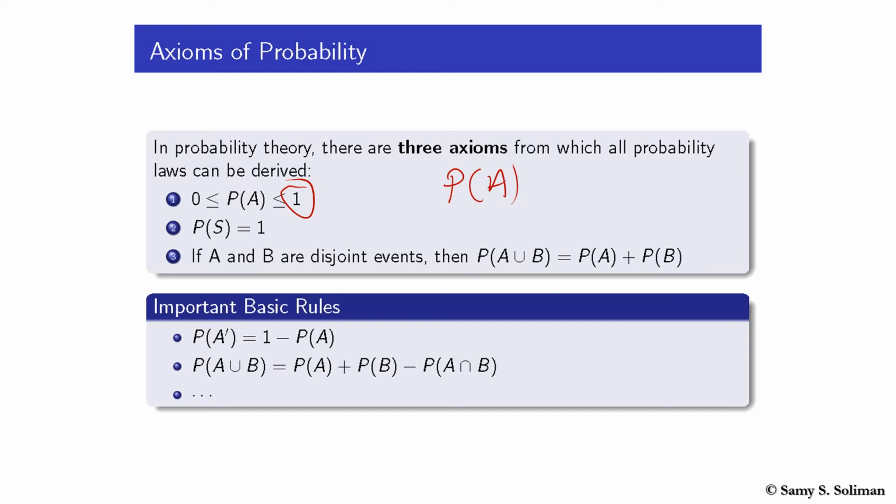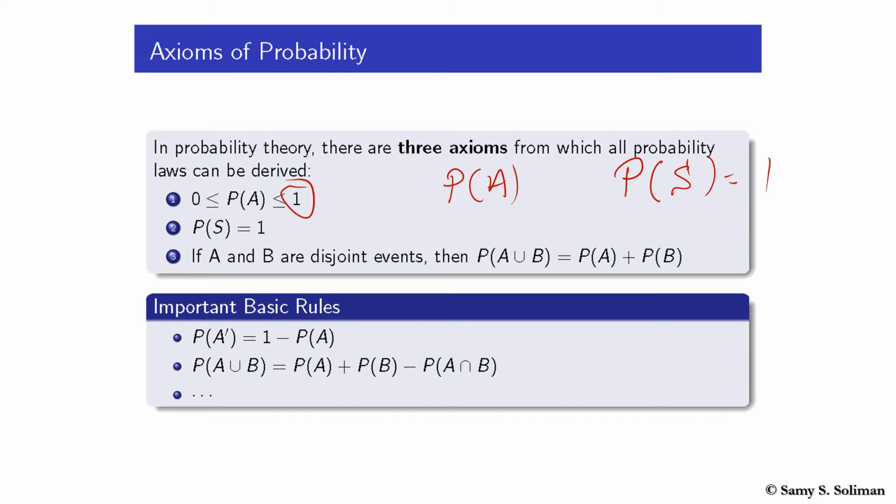So the probability of the sample space is 1, which means that if we run an experiment, we are 100% sure that one of the elements of the sample space will occur. That's why we can say that the probability of the sample space is equal to 1.